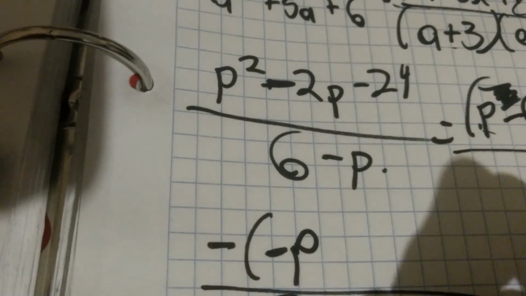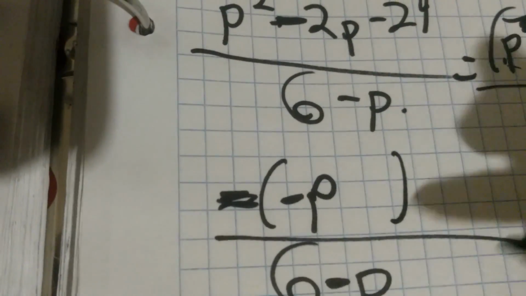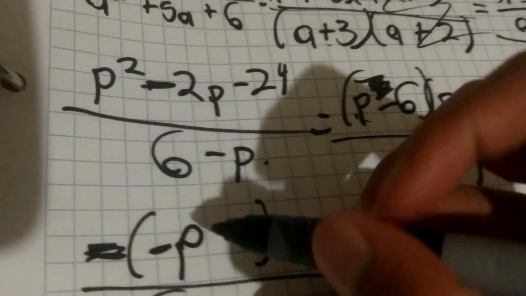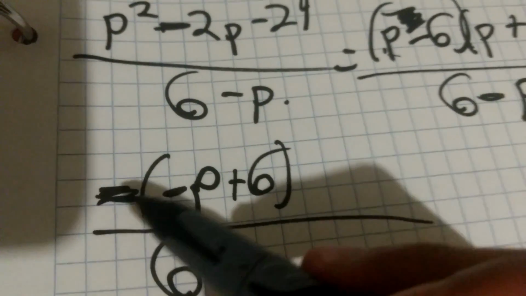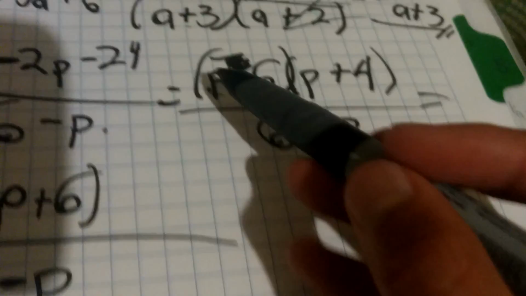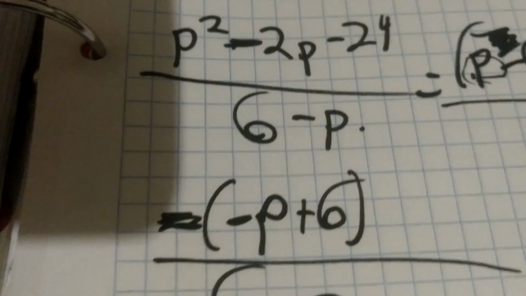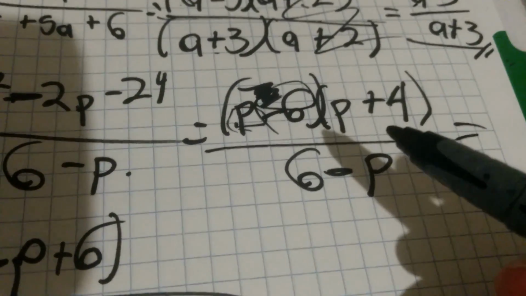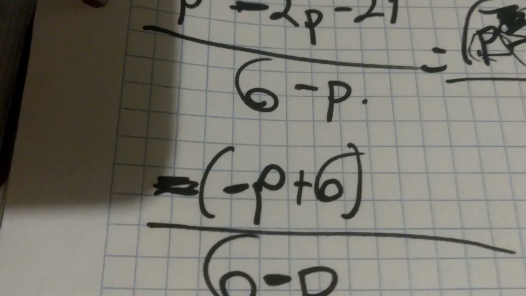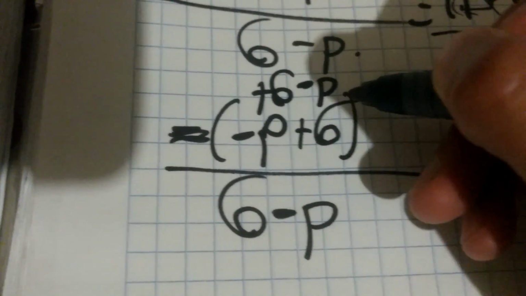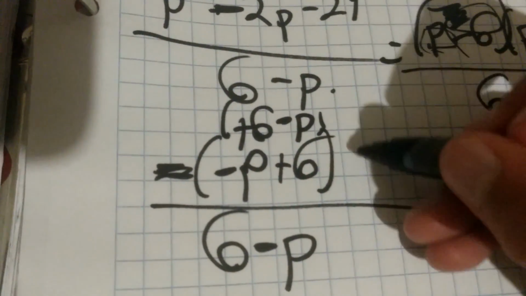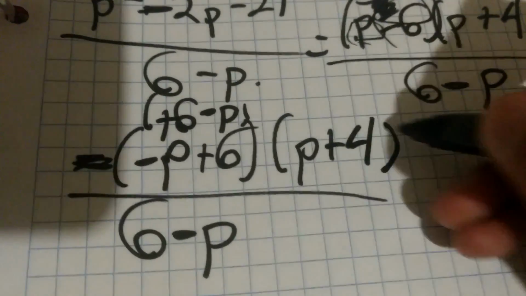So it would be 6 minus p in the bottom, it stays the same, but we add a minus, so it multiplies the operation, and we change signs so it is the same, because minus p times minus would be only plus p, positive p, and the minus times the plus would be a negative, and it's the same mathematically speaking. So this is reversed, it is plus 6 minus p, it's the same, and it would be multiplied by the same, p plus 4.